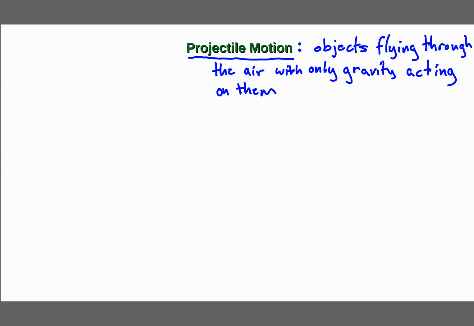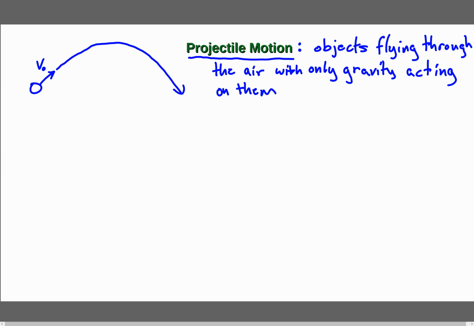Okay? So we can think of things like tossing a ball or a person jumping through the air, or similar scenarios where we have a relatively dense object moving at relatively low speeds. So let's look at projectile motion. Let's think about throwing a ball, and we give it some initial velocity, and then it flies through the air over here.